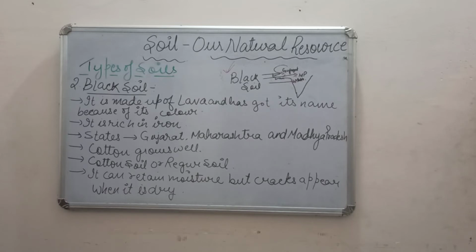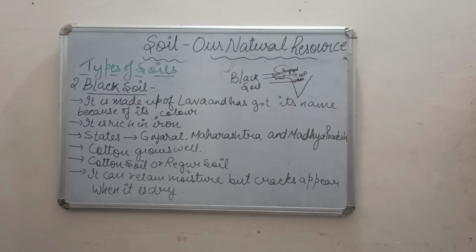This black soil is also called cotton soil or regur soil because the agriculture of cotton is being done here. Finally, it can retain moisture, but cracks appear when it is dry. You can see patches of dryness in the black soil.